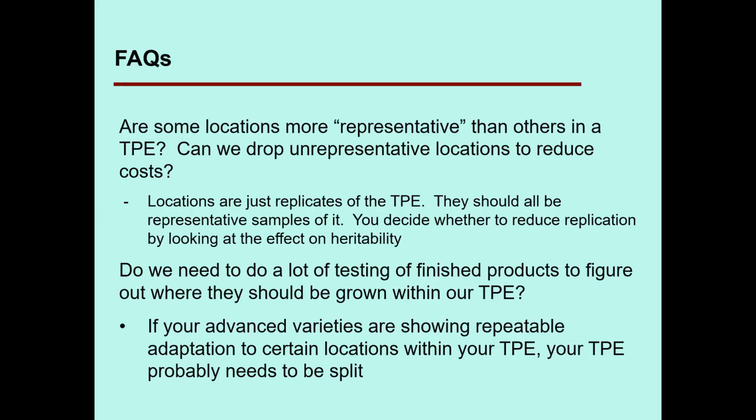You decide how many reps you can afford, and you run that number of reps. It's the same with locations. Unless you really have evidence that one location is consistently not correlated with the others, you should include them. And the best way to decide whether to include a location or not is whether including it increases or decreases heritability from the combined analysis.